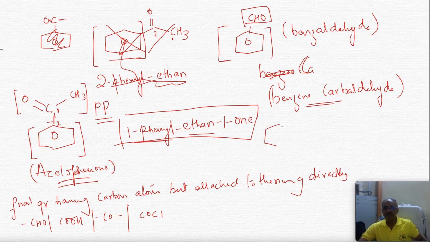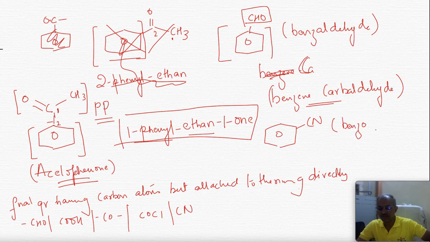Similarly, suppose this is CN. Here I forgot to write CN also. CN is directly attached to the benzene ring. Benzonitrile is the common name, but as per IUPAC, this is benzene carbonitrile.